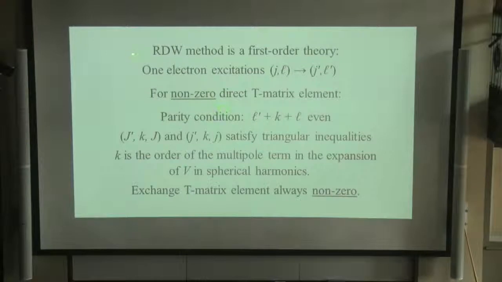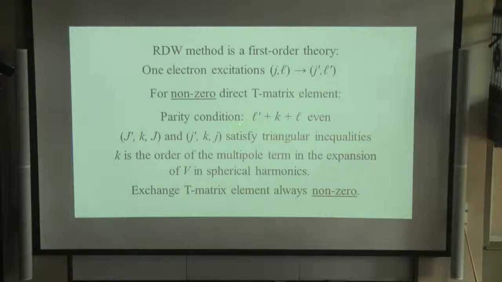So it's a distorted wave method, which means it's first order theory. We have an excitation from an initial state with J and L, J being the total angular momentum, including the spin, to some final orbital. And what we need here for the direct terms, that is where the anti-symmetrization operator is essentially 1, is this parity condition.